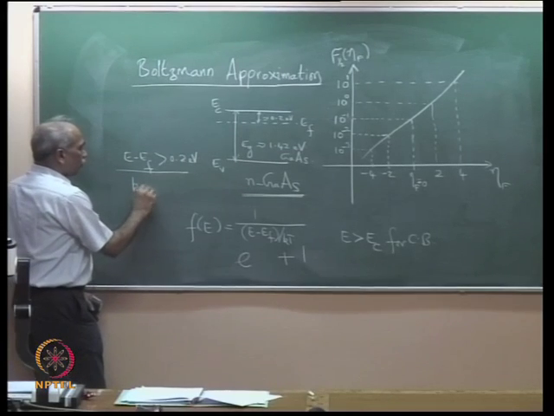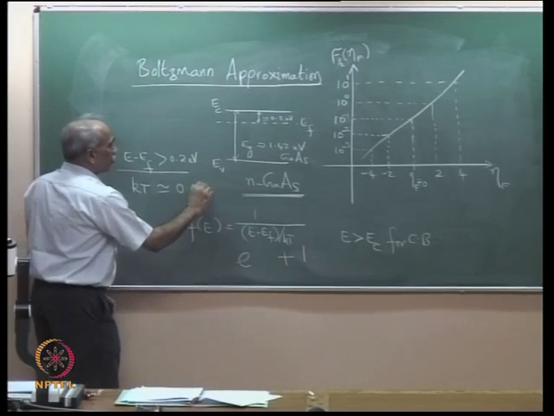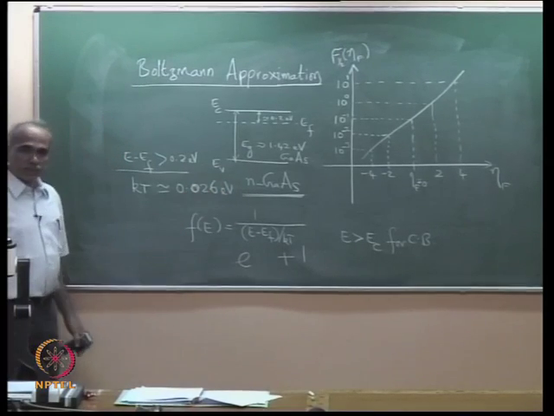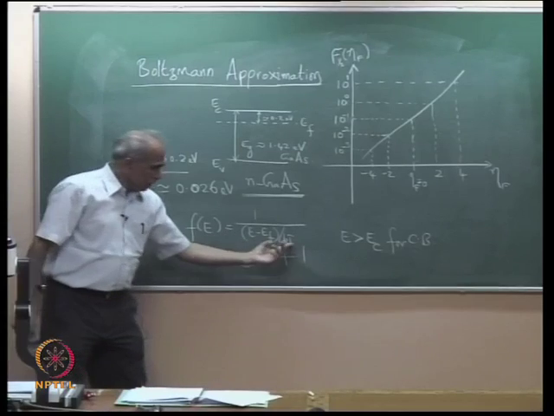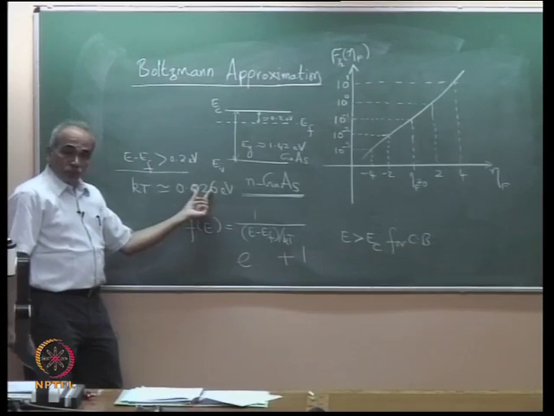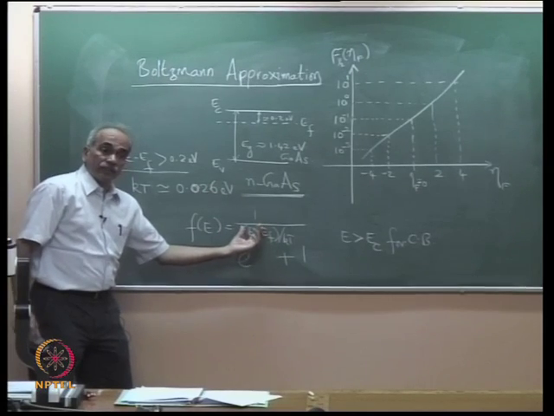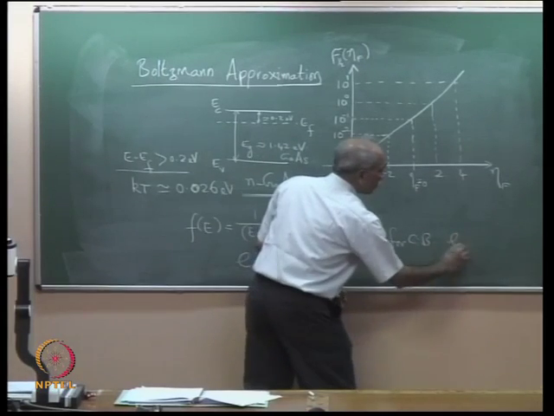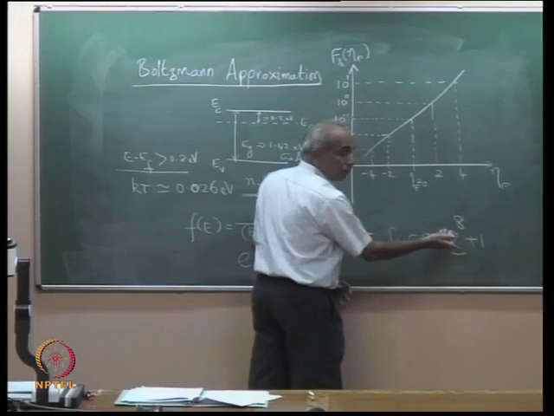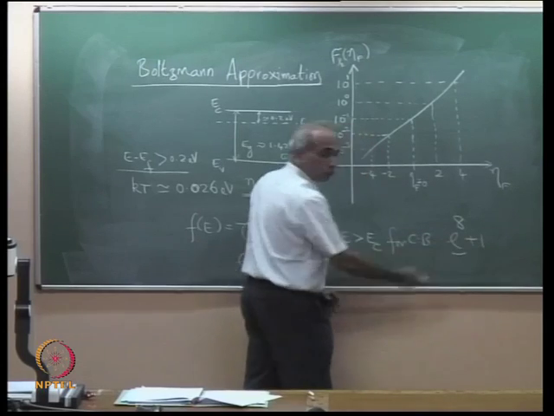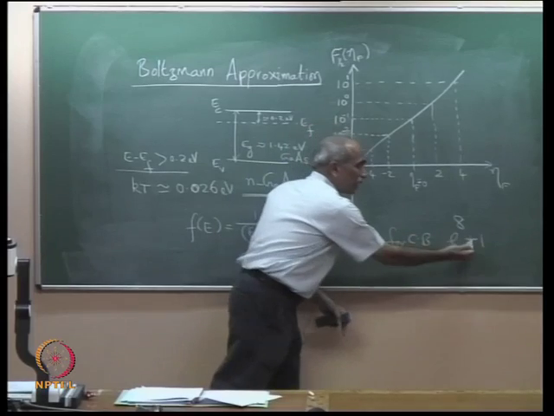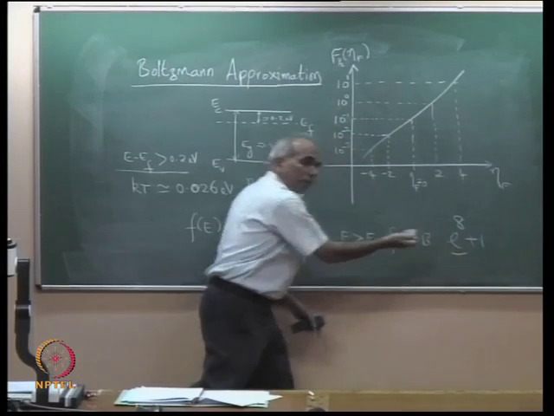And KT at room temperature is nearly equal to 0.026 electron volts. Which means this exponent here is 0.2 divided by 0.026, which is approximately 8. So you have e to the power 8 plus 1. e to the power 8 is a very large number compared to 1, and you can neglect this 1 compared to e to the power 8.